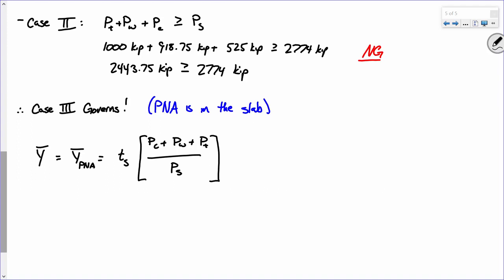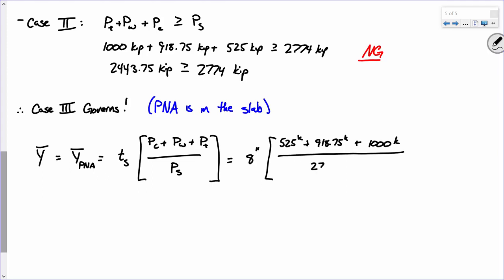Starting to get a feeling how this is a very spreadsheetable calculation. Nudge, nudge, wink, wink. Make sense? All right. So, what we have? 8 inches times 525 plus 918.75 plus 1,000 all over 2774.